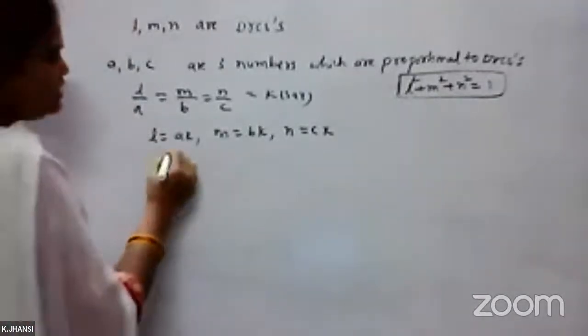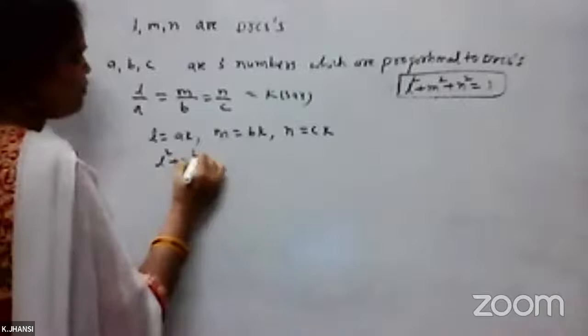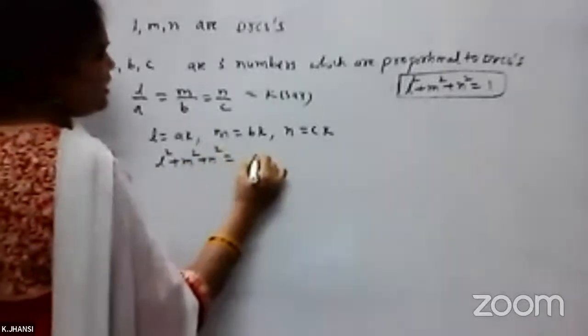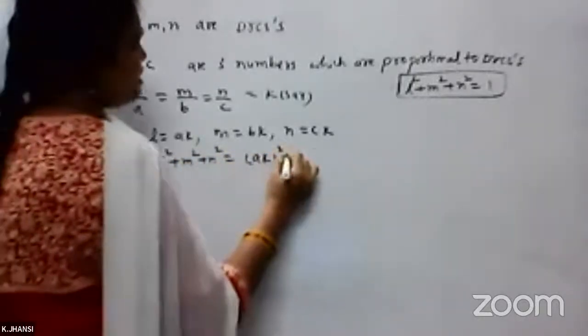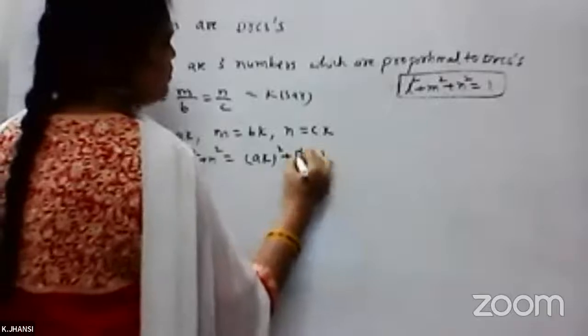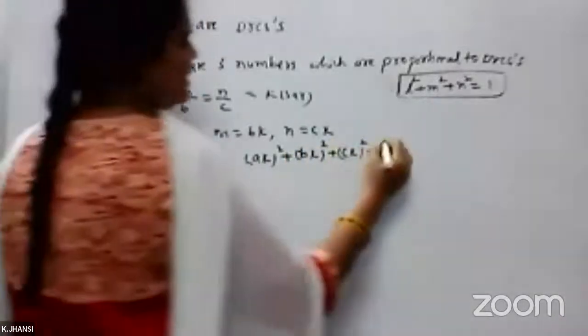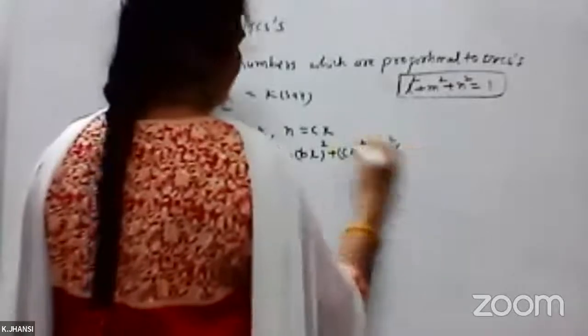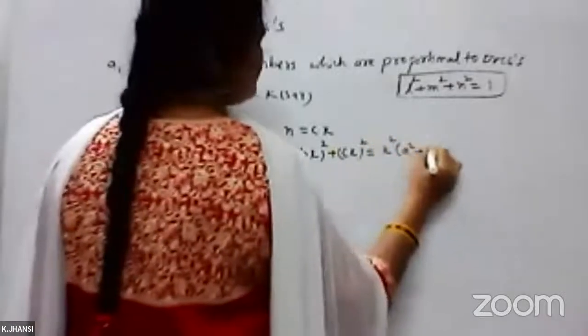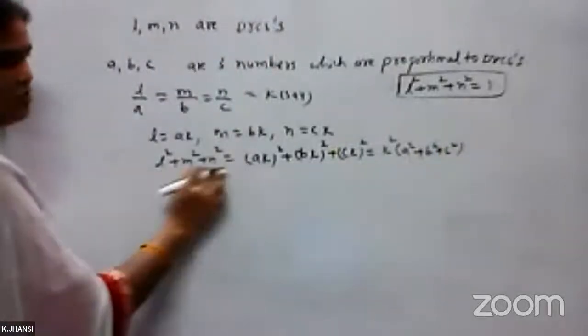If you substitute in this, you will get l square plus m square plus n square, that is ak whole square plus bk whole square plus ck whole square. If you take k square common, you will get a square plus b square plus c square, and this value is 1.